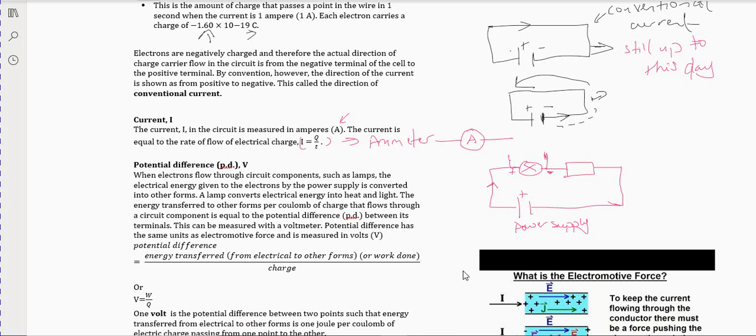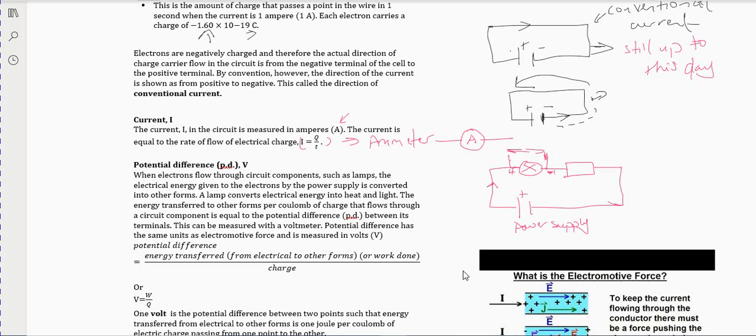And between here is going to be a different charge. So finding the difference between these two, in a sense, gives you what we call a potential difference. All right. So as we said, the amount of energy that is converted per coulomb gives you the potential difference between the terminals. So this is one terminal here, and this is another terminal.